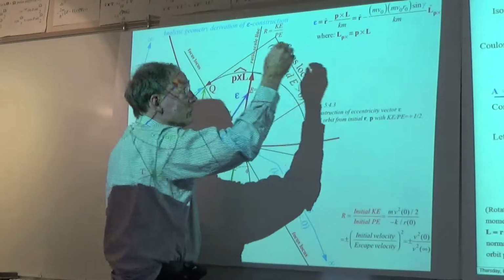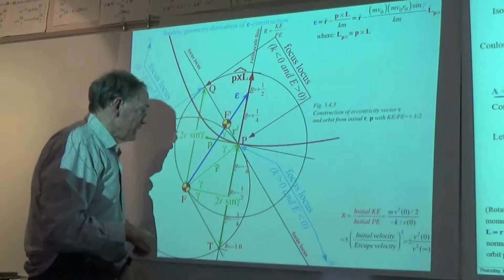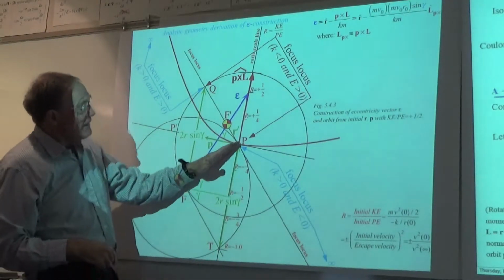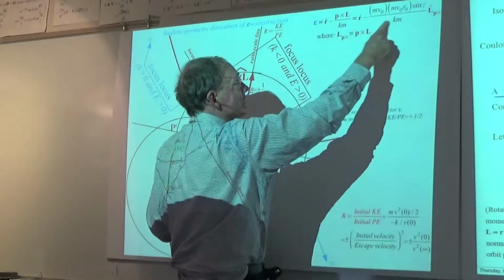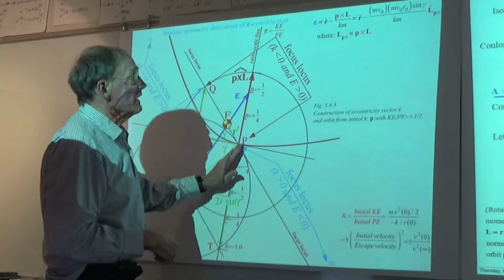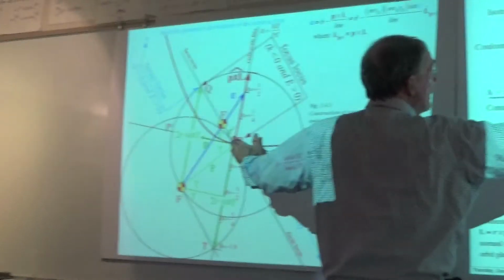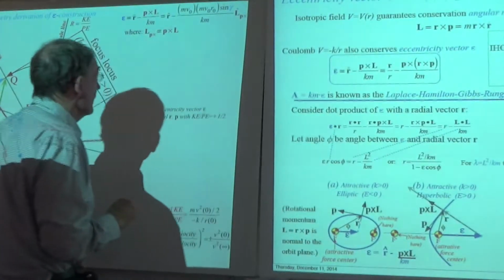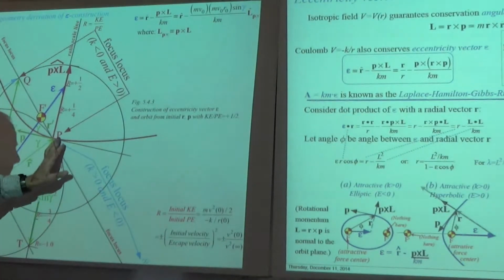So what we have here is a unit vector pointing in the direction of r, and to that we're subtracting this vector LP cross. That's the vector P cross L, this thing right here, which I'm now shorthanding by calling it LP cross.